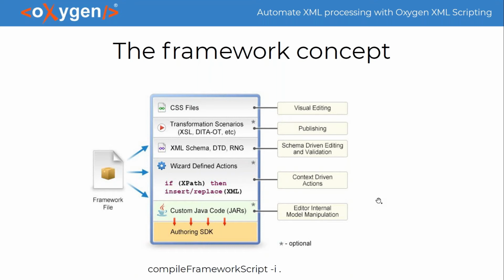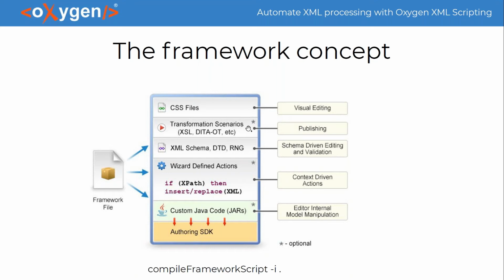These resources can be CSS files used in the visual editing or XML schemas used for validation and schema-driven editing, together with a configuration like wizard-defined actions for the author mode or these transformation scenarios that we've mentioned earlier.